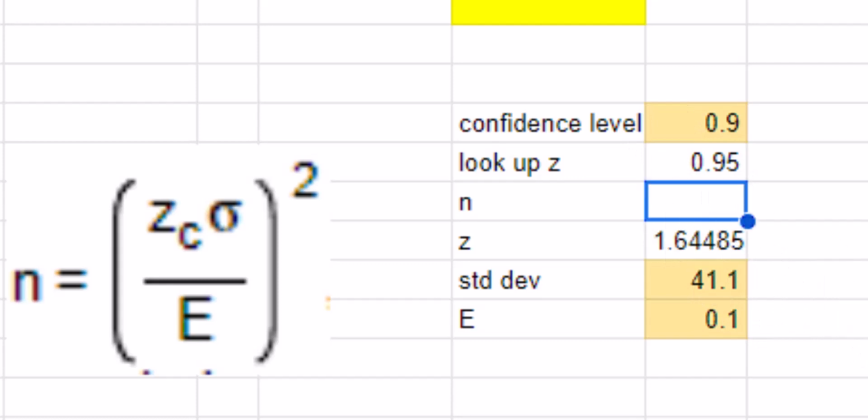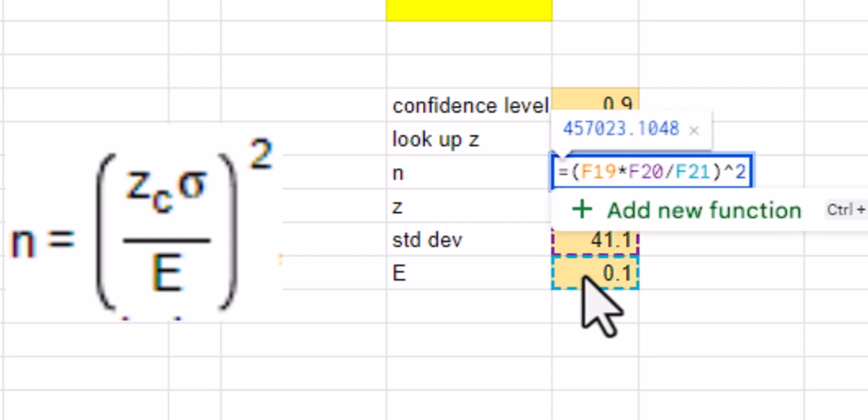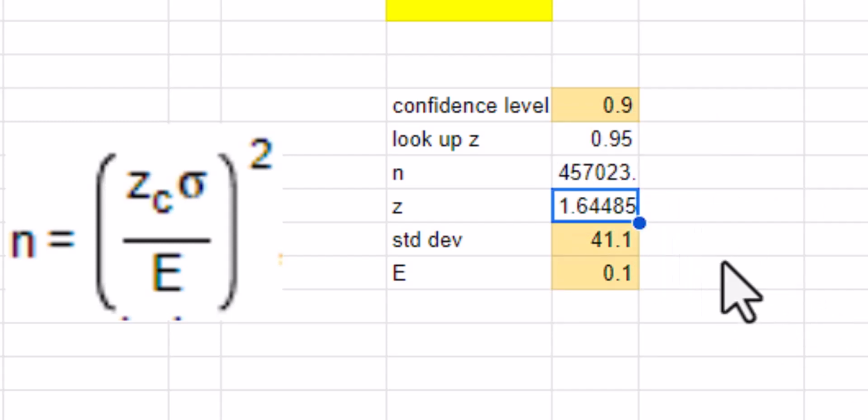So now, back to my problem, I open a parentheses, do my Z times my standard deviation divided by my error, close parentheses, and square that. And the answer, as you're going to see, is 457023. I hit enter and get my answer.